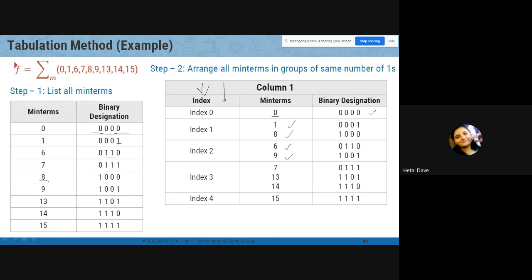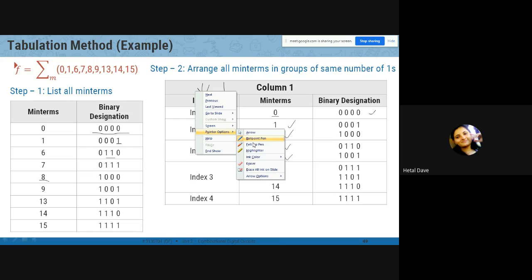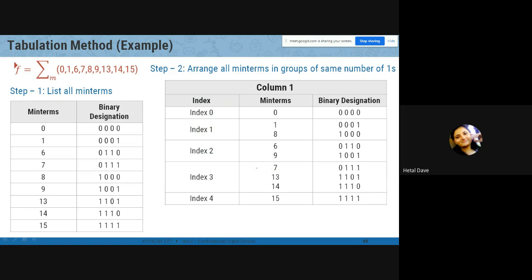Okay. Once all these min terms are arranged by their number of 1s, the third step is that we need to look at where one bit should be changed. One bit should be changed. Okay. You need to check how one bit will be checked.